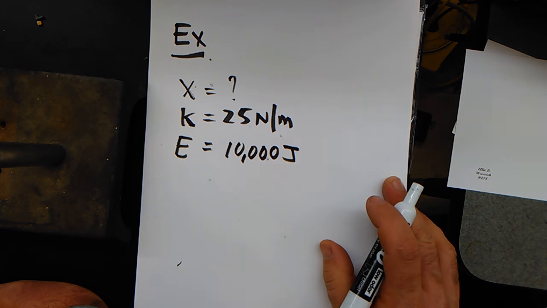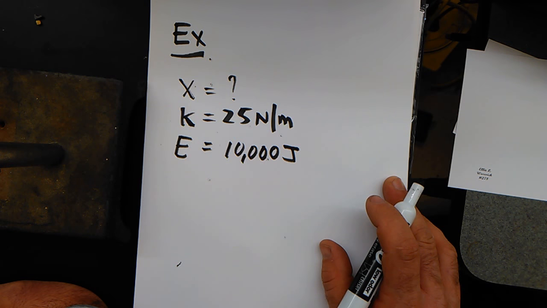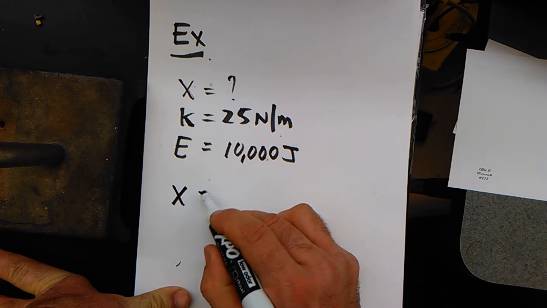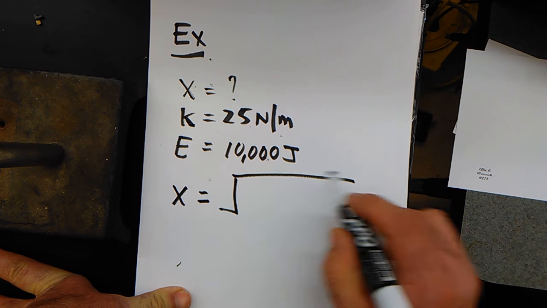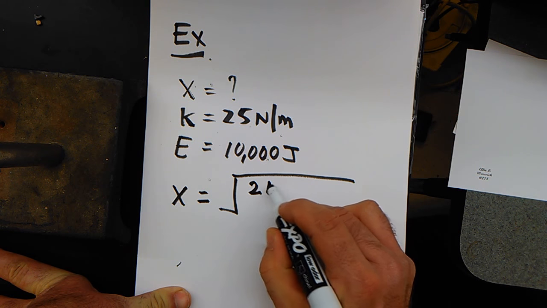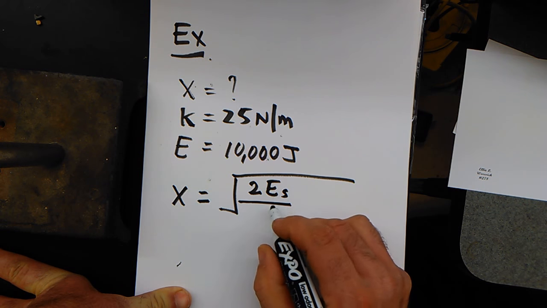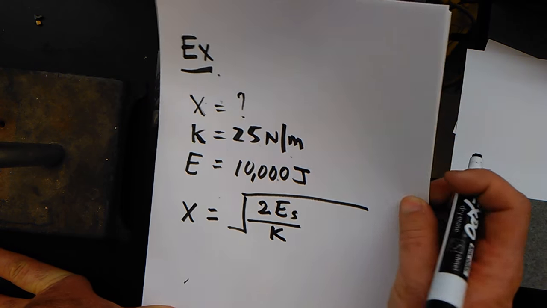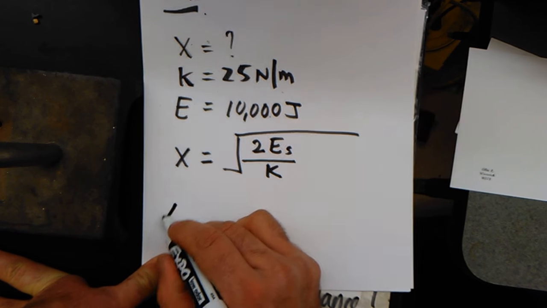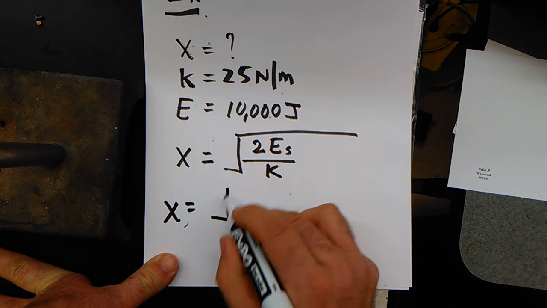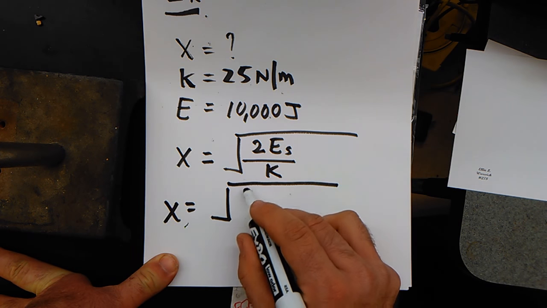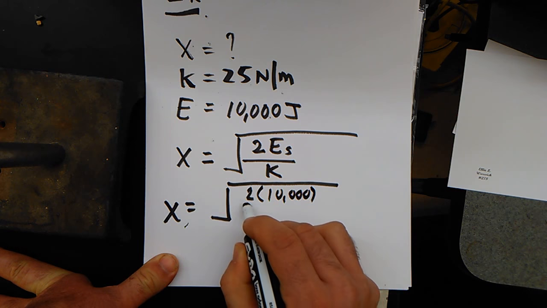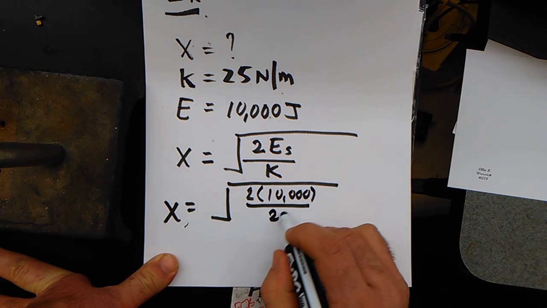It's going to be a heavy-duty spring here. So we have our formula: x equals the square root of 2 times the energy of the spring over k. Let's do this one out. 2 times 10,000 over k, which is 25.